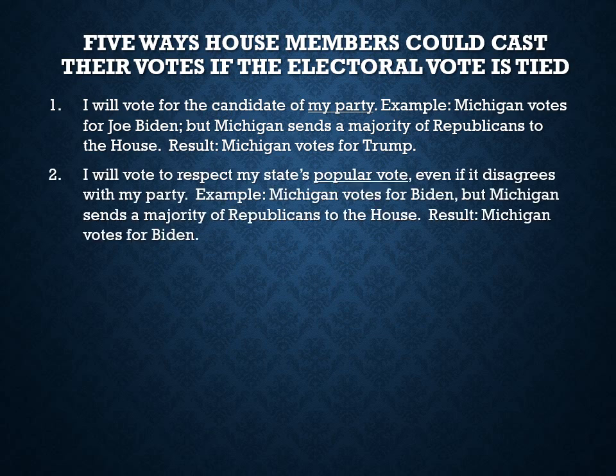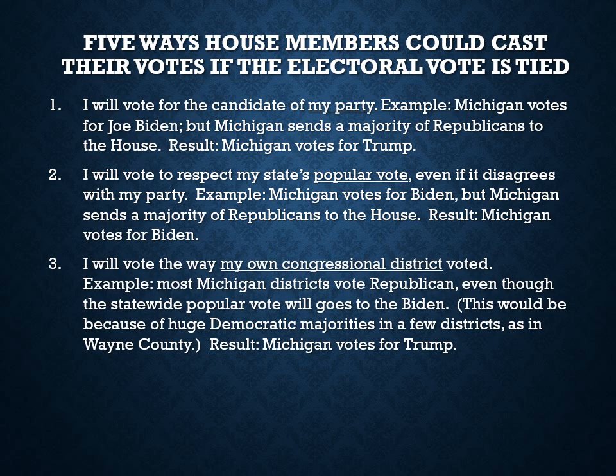Here's another way to look at it. They could say, I will vote to respect my state's popular vote, even if it disagrees with my own party. So, example, Michigan votes for Biden, but Michigan sends a majority of Republicans to the House. But if enough of those Republicans say, I will respect my state's popular vote, then Michigan votes for Biden.